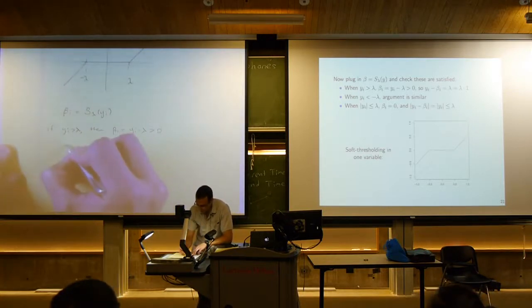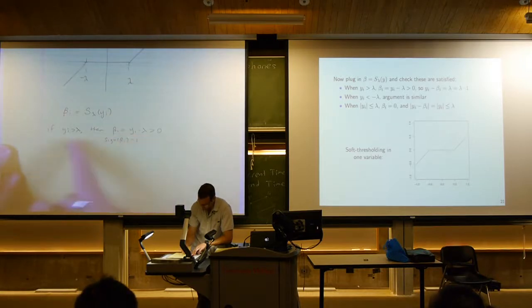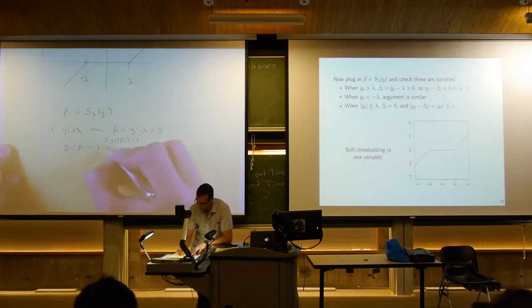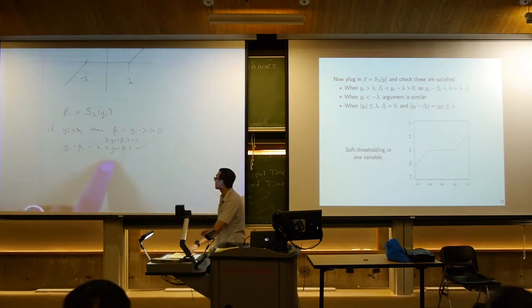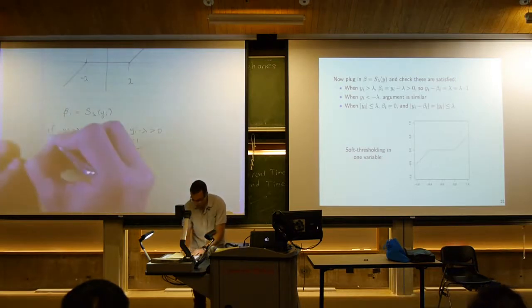And if I look at yi minus beta I, by definition, that's just equal to lambda. It's indeed equal to lambda times the sign of beta I, right, because that was 1. And just by definition, yi minus beta I is lambda. So I've satisfied the KKT conditions for that.